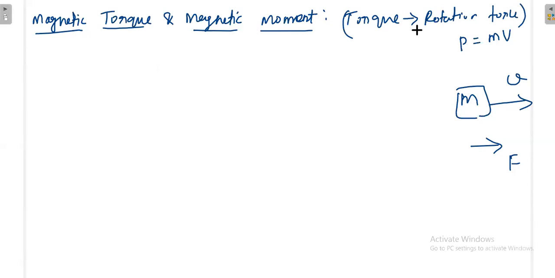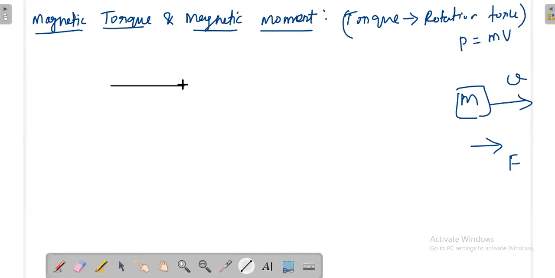Now I take a current loop, a square current loop, like this. My magnetic field is in this direction.